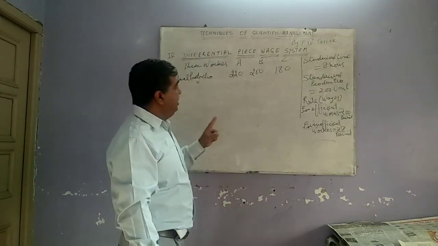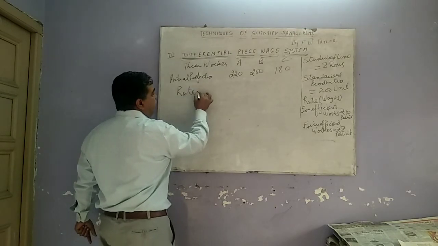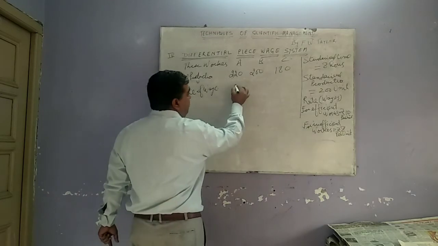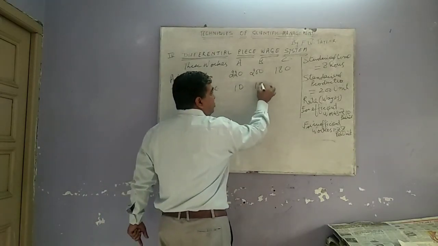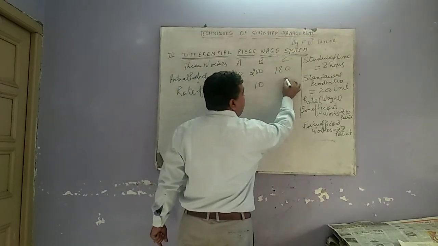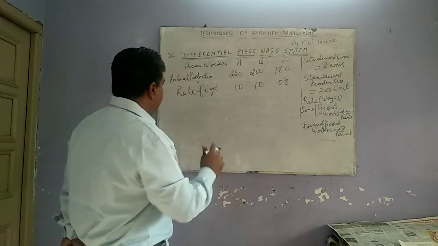So what is the rate of wage applicable? For A and B it is rupees 10 per unit, and for C it is rupees 8 per unit.